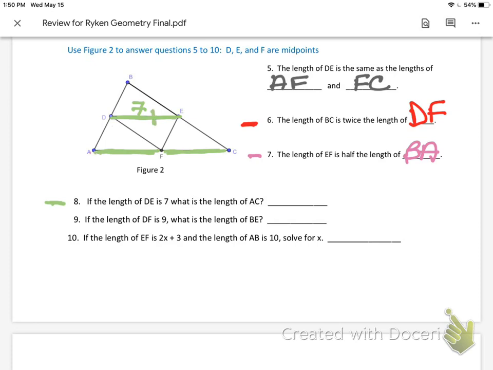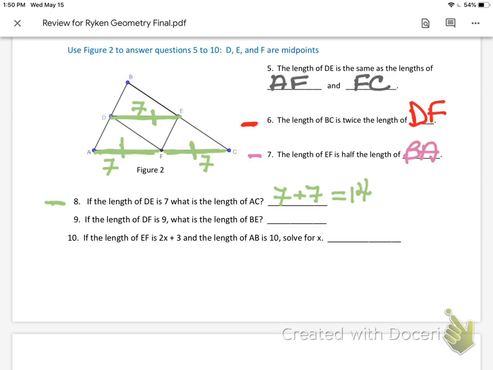If this is 1 hash mark, this is 1, and this is 1, because F is a midpoint. So this will be 7, and this will be 7. So if the length of DE is 7, what's the length of AC? Well, that length will be 7 plus 7, or 14.